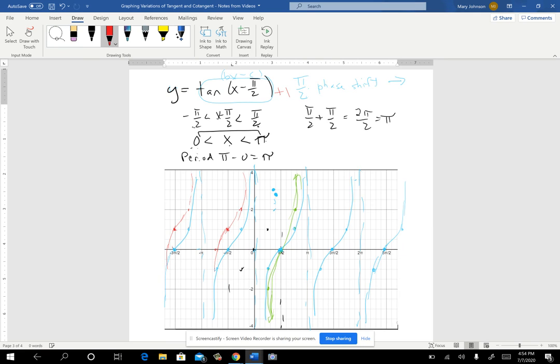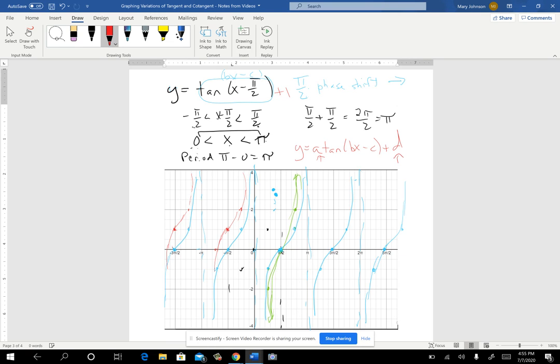Okay, so the same features. So if you have y equals a tangent bx minus c plus d, this still is a vertical stretch. We just don't call it amplitude, but it does wind up meaning that every output value is going to be 2 times further away from the x-axis.